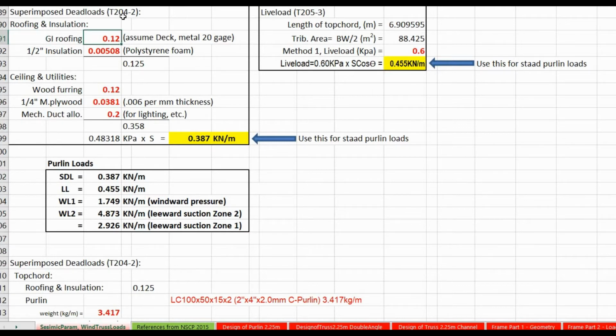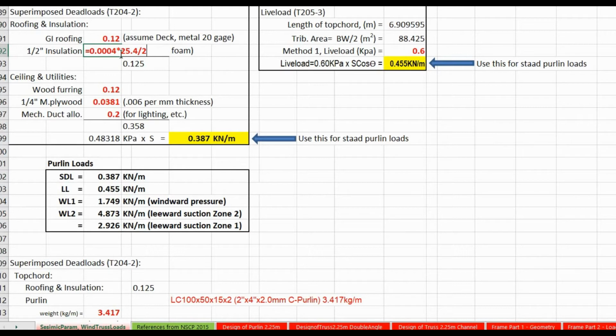Galing yan sa T204-2. And then, 1/2 inch insulation. So, that is 0.004 kPa per millimeter. Ano? So, ayan yun.